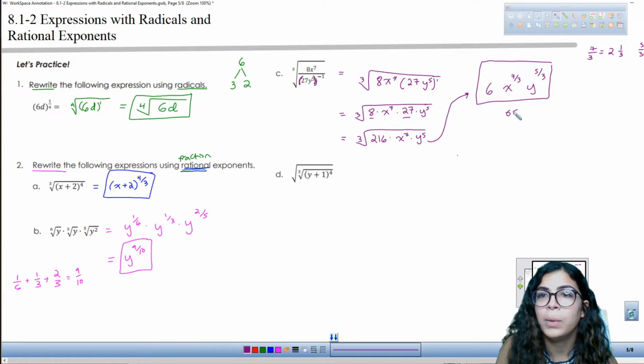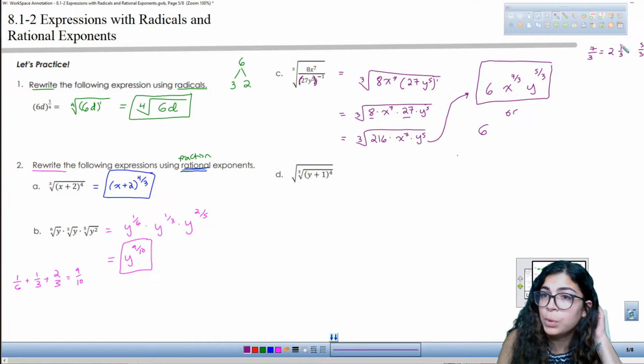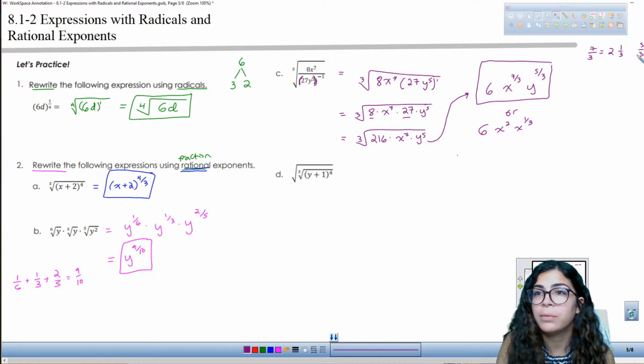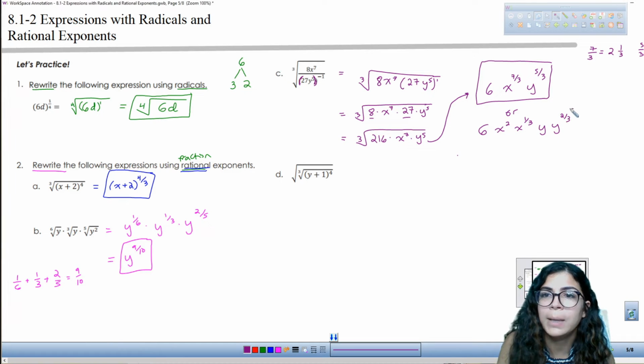So we end up with 6, and then x is the one that was 2 and 1/3. So we have 2 full copies of x, and then 1/3 copy of x. And then we have the 5/3 was for the y, so we have 1 full copy of y, and then 2/3 copy of y remaining.